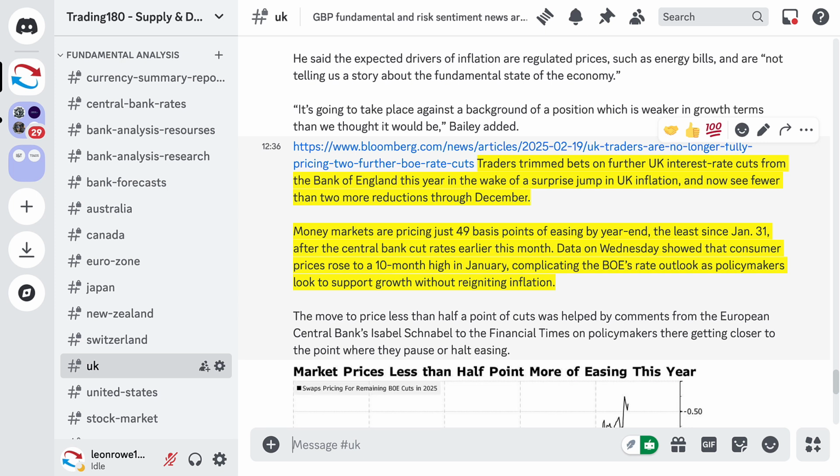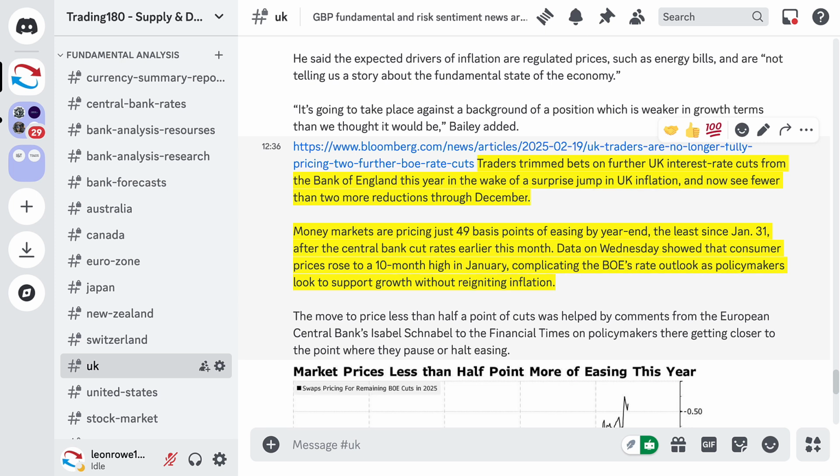Money markets are pricing in just 49 basis points of easing by the year end, at least since January the 31st, after the central bank cut rates earlier this month. Data on Wednesday showed that consumer prices rose at a 10-month high in January, complicating the Bank of England's rate outlook as policymakers look to support growth without reigniting inflation.